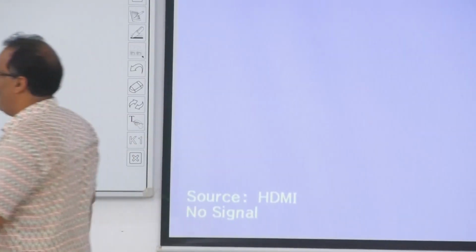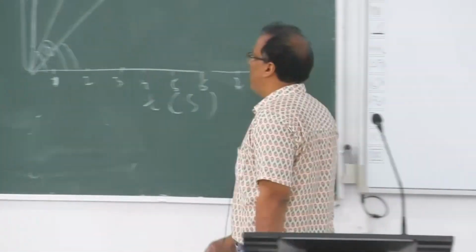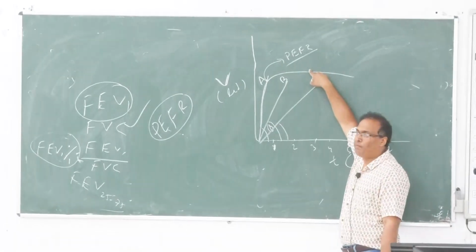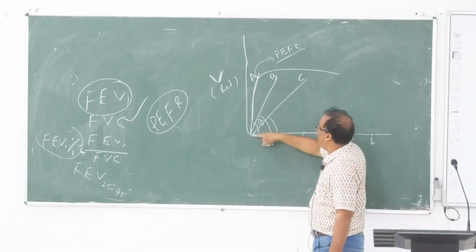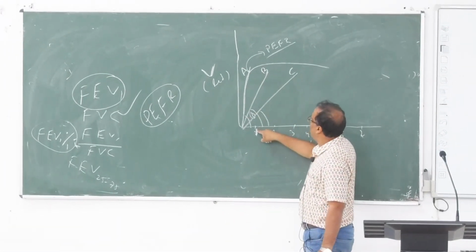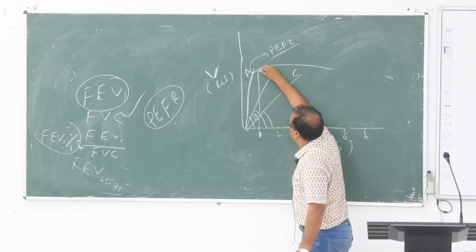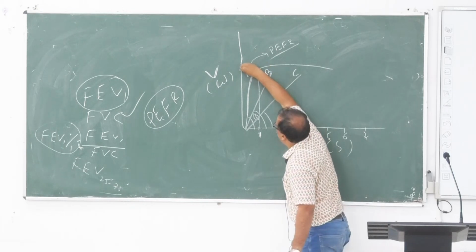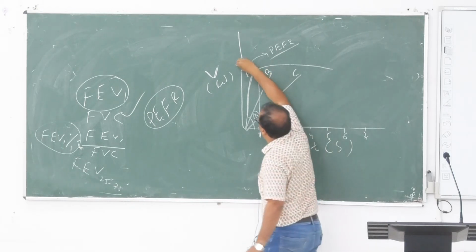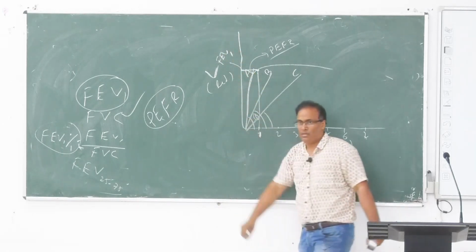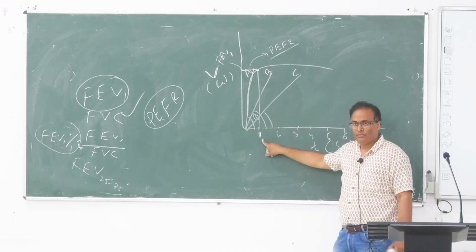Right now, what will happen? The maximum point. The first second will be at the first second, A is the volume. Second number is FEV1, at the first second.